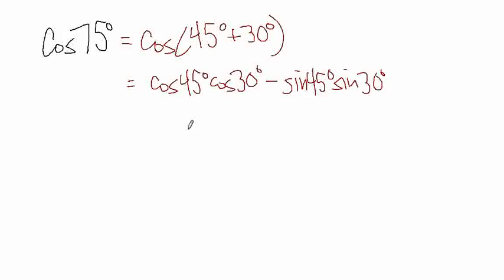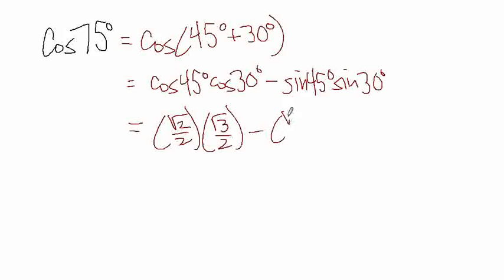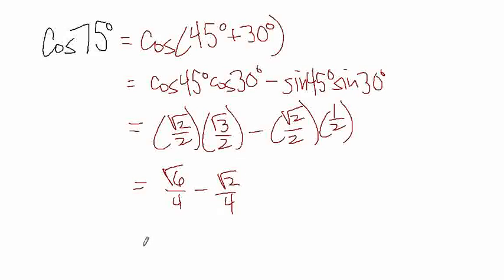Now we evaluate all of those trig functions, so we get root 2 over 2 times the cosine of 30, which is equal to root 3 over 2, minus root 2 over 2 times the sine of 30, which is 1/2. So root 6 over 4 minus root 2 over 4, packaging it all up. Notice we got the same answer we did on the last problem.